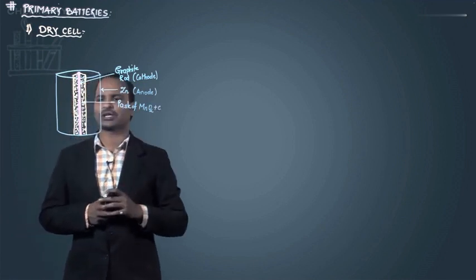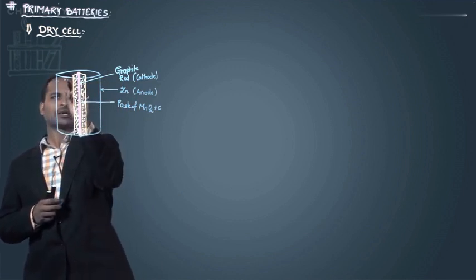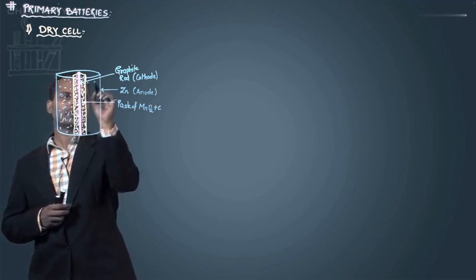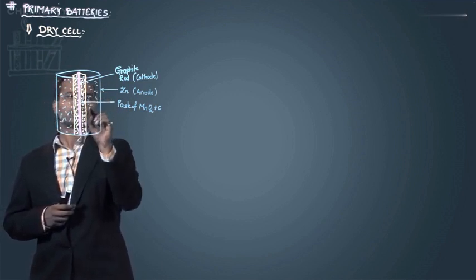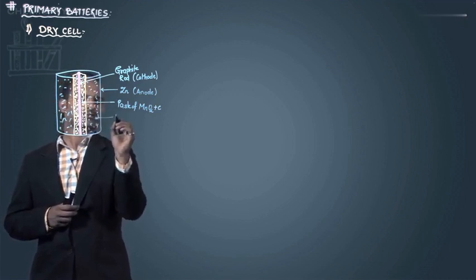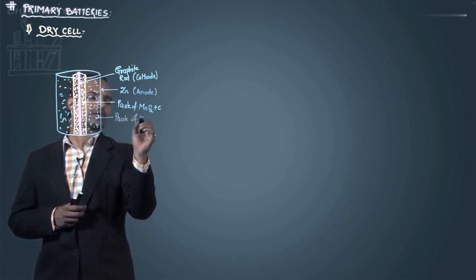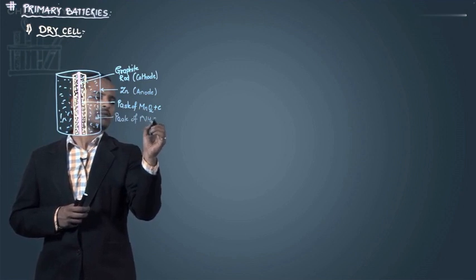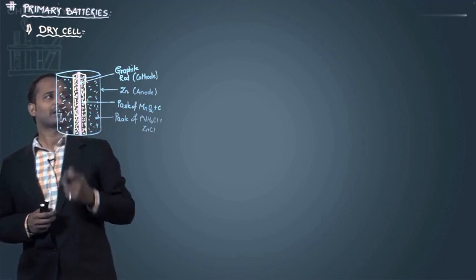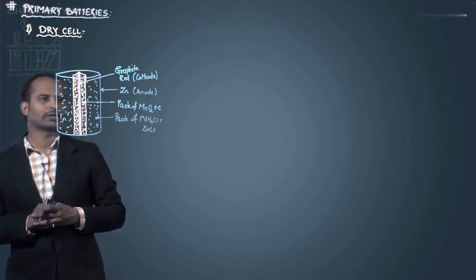We will see what polarization is. Then the whole dry cell is filled with an electrolyte, which is a paste of zinc chloride and ammonium chloride. So the graphite rod is acting as a cathode and the container is acting as an anode here.